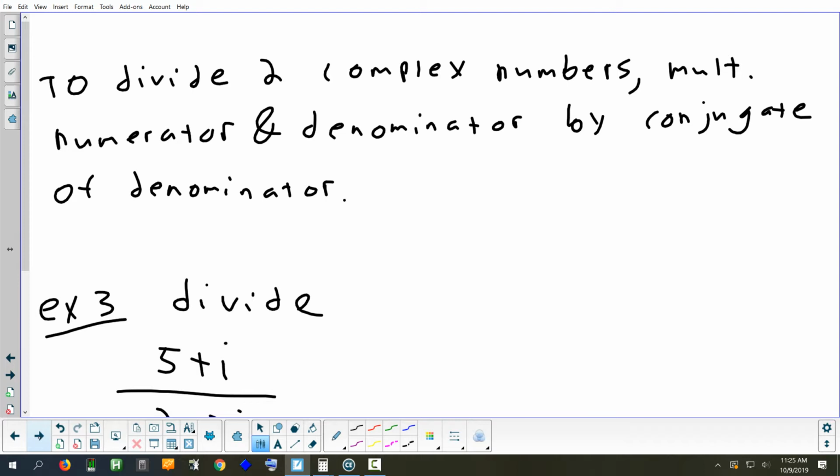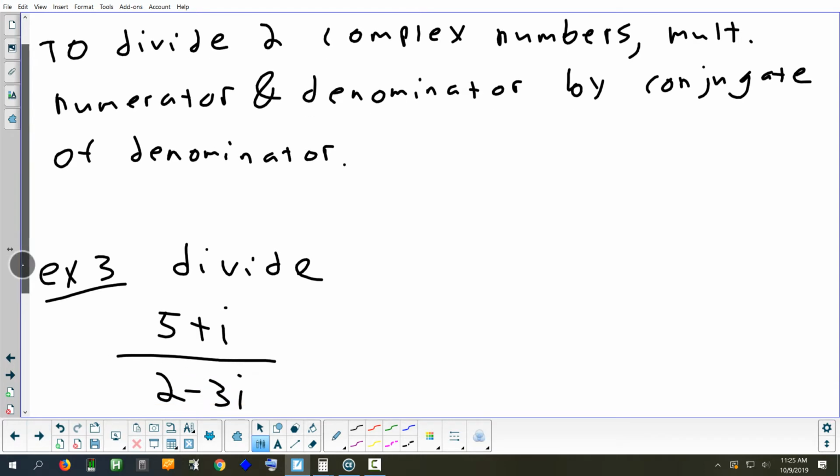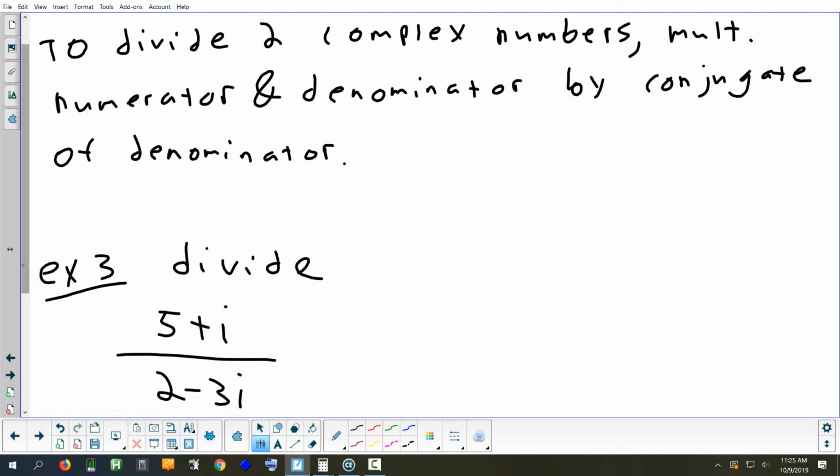And what am I going to multiply top and bottom by here? 2 plus 3i. Okay, let's do the top first.